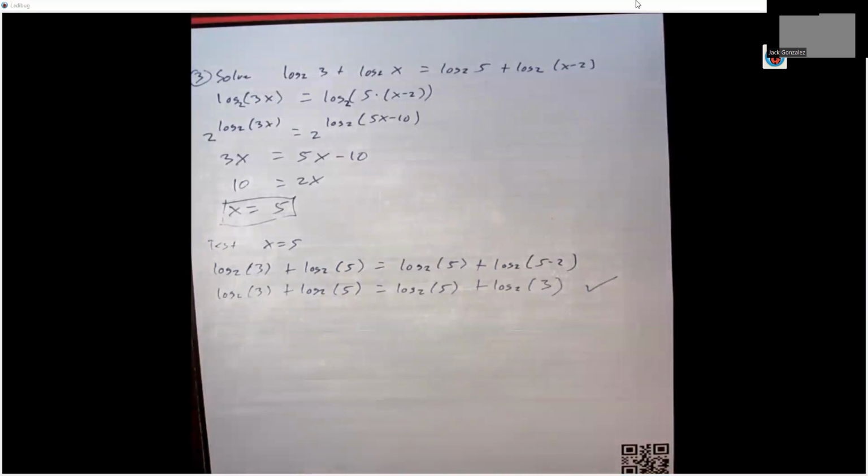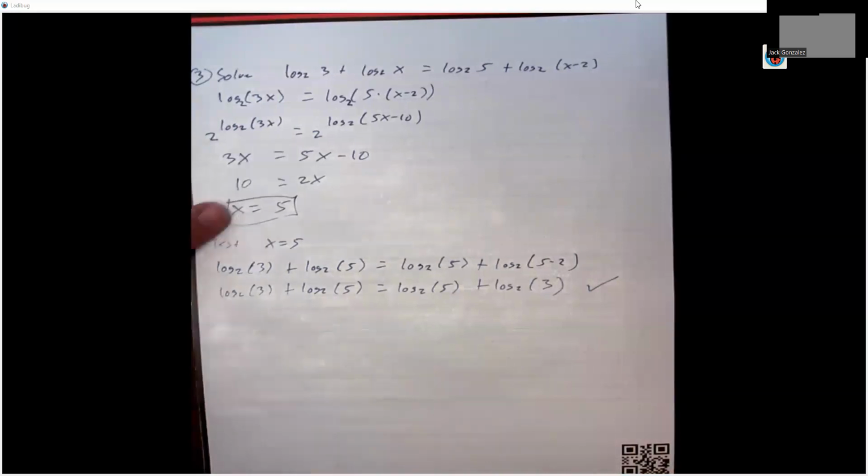All right, that's number 3. Solution and testing the solution. Any questions on 3?